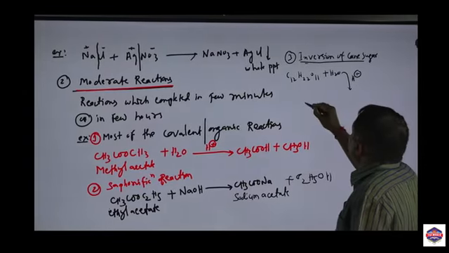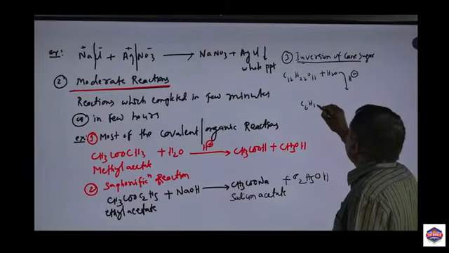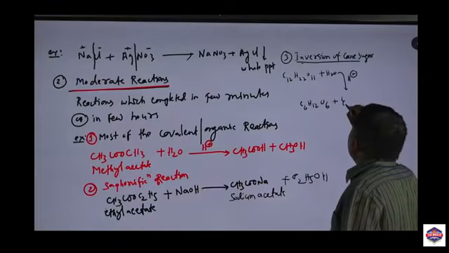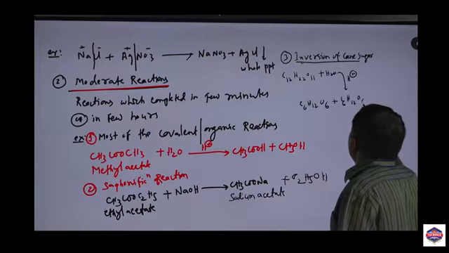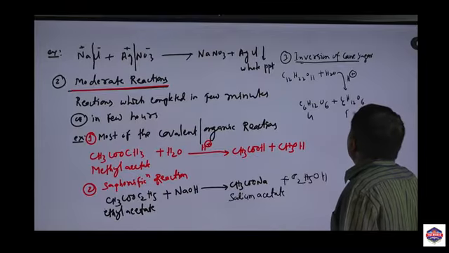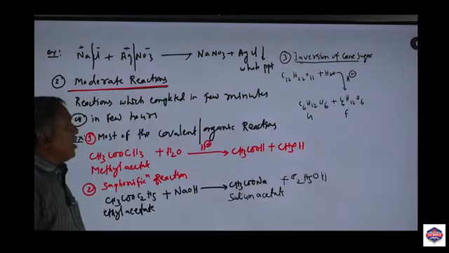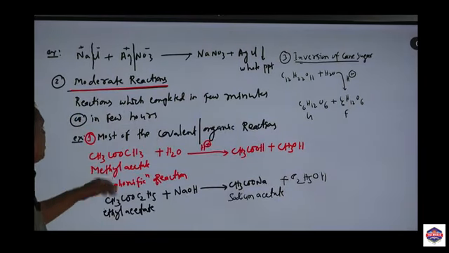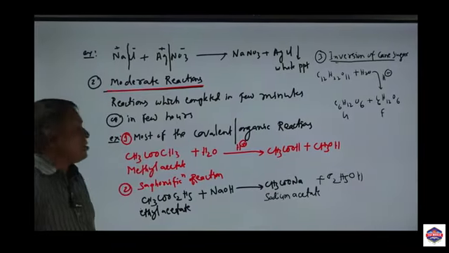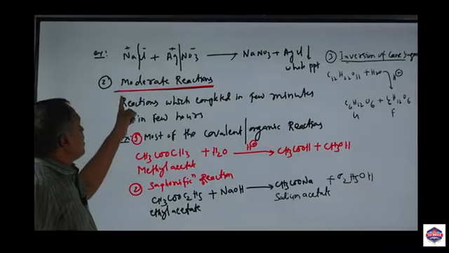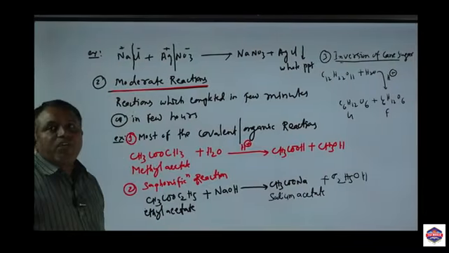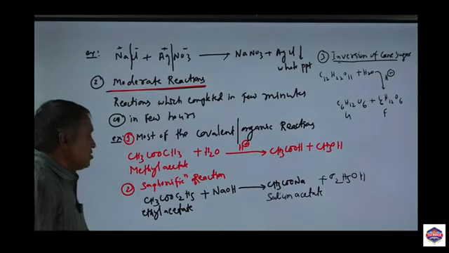You will get C6H12O6 plus C6H12O6. One is glucose and another is fructose. All these are covalent or organic reactions, and their rate is moderate, between very fast and very slow reactions.